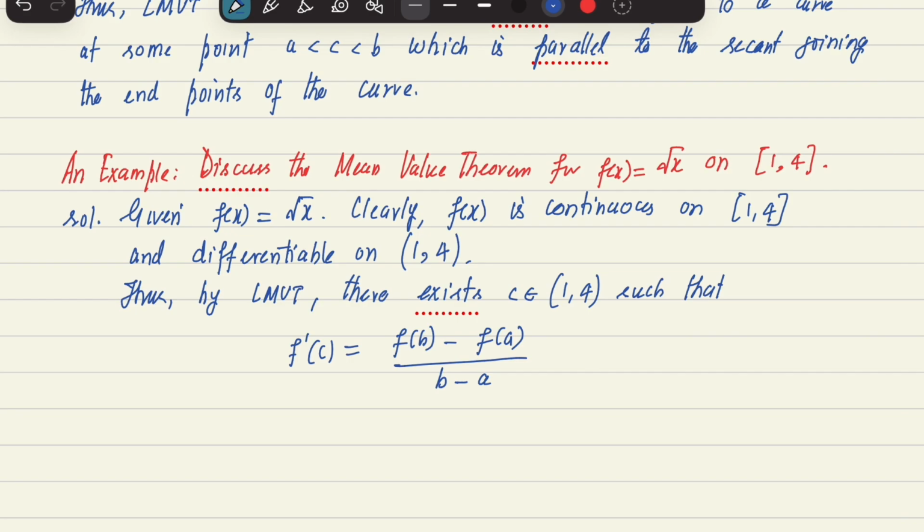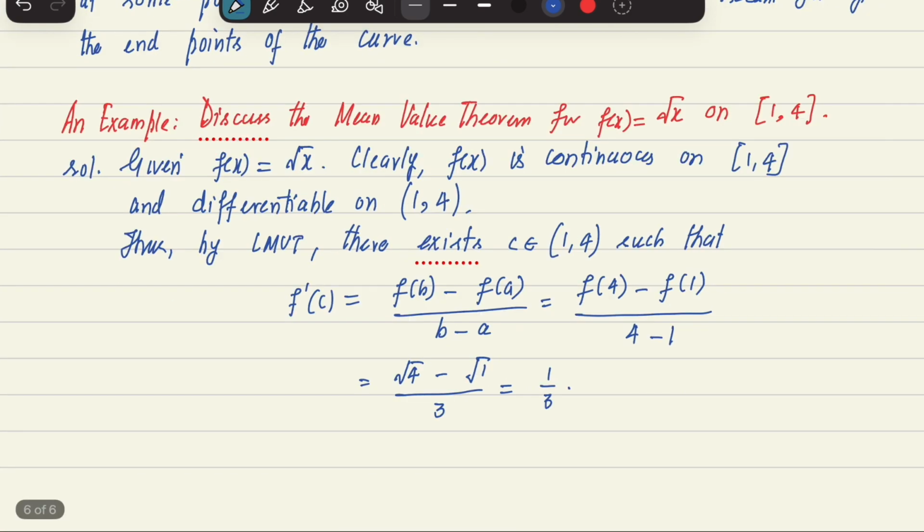Here f of b is f of 4, so this is equal to (f of 4 minus f of 1) divided by (4 minus 1). Now let's evaluate: f of 4 is equal to square root of 4 minus f of 1, that is square root of 1, divided by 4 minus 1, that is 3. So therefore this is equal to (2 minus 1) divided by 3, that is 1 divided by 3.